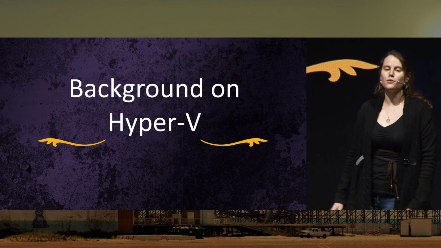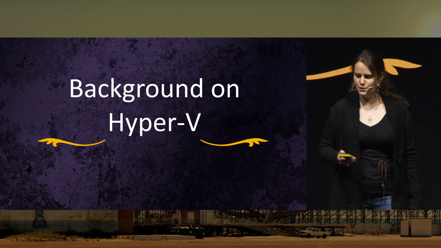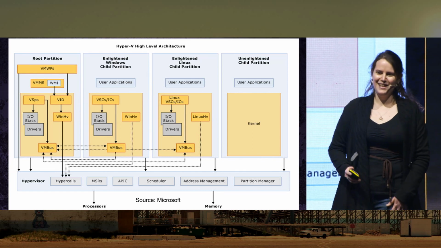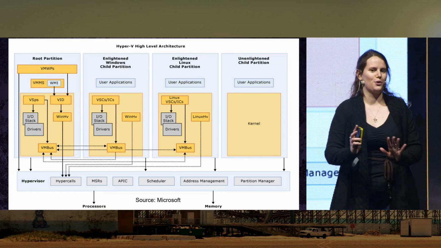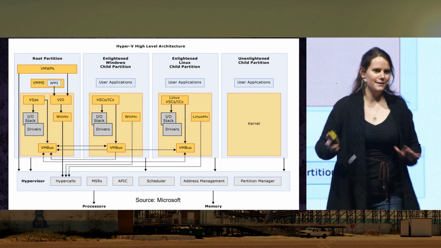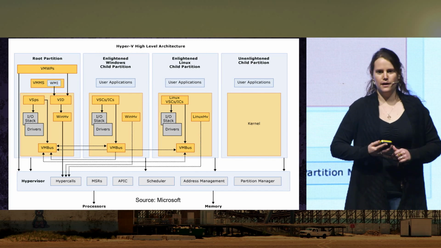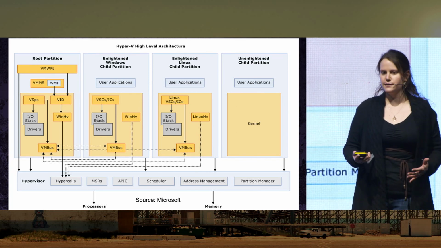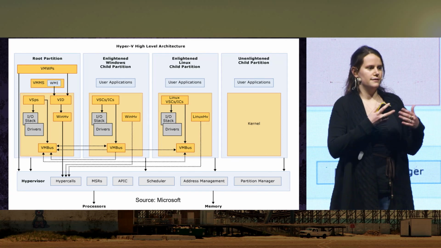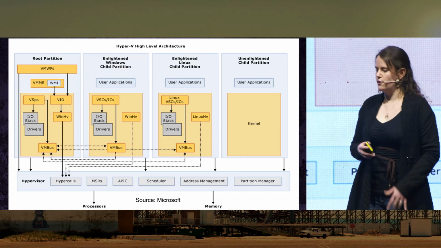OK, so first, some background. I want everybody to be on the same page to start with. So let's get started with what Hyper-V looks like. I'm not going to explain everything, don't worry. Let's get to the most essential part. So to start with, Hyper-V is a type 1 hypervisor, which means it's the equivalent of an operating system running directly on hardware to run several virtual machines, or VMs, and virtualized environments.